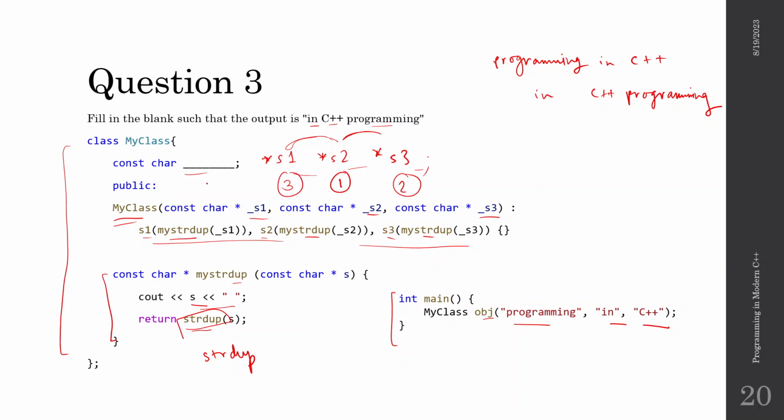So actually it will be star s2, star s3, and star s1. Okay, so this is what we'll have to fill in the blank.